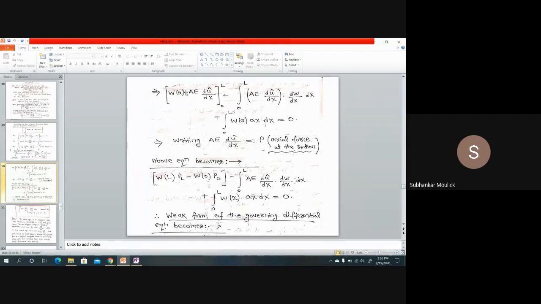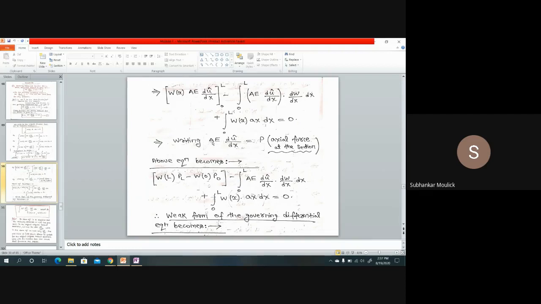Now if you check this expression, you have removed the differentiation order from the unknown variable u. Earlier it was d2 u cap over dx square. Now it is du cap over dx. And that one particular differentiation I have adjusted with the weighted function. So this particular expression is nothing but my weak form.